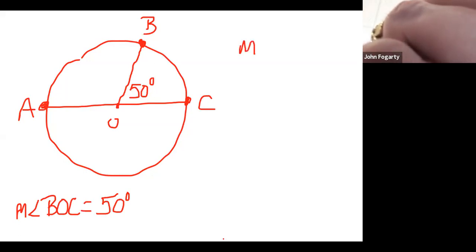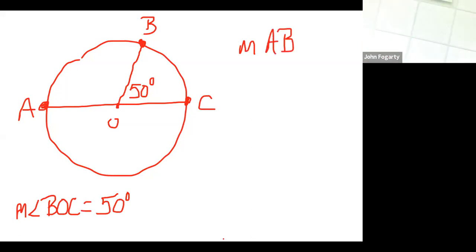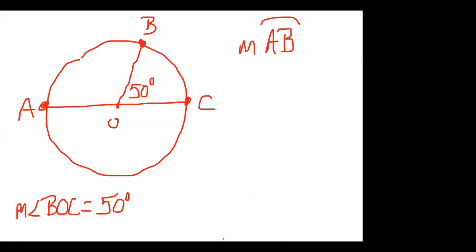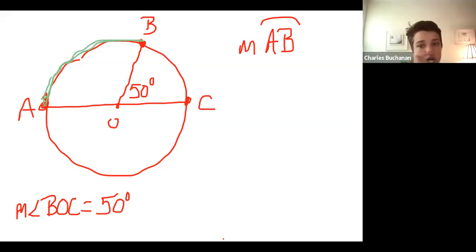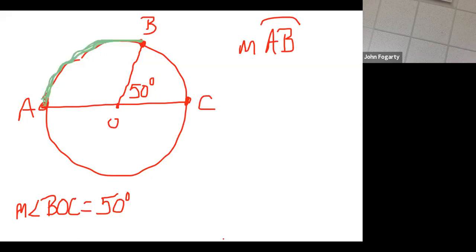Somebody tell me the measure of arc AB. Well, where is arc AB? Well, arc AB goes from point A over to B. What would the measure of that be? Well, the measure of that would be the same as the central angle that cuts it.